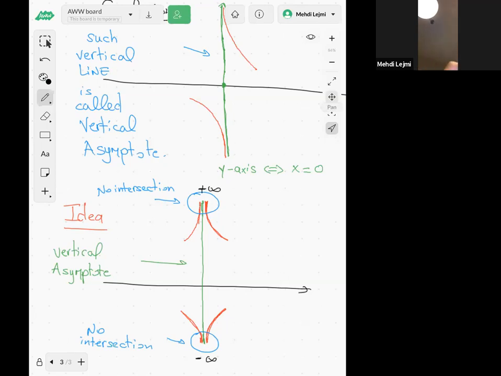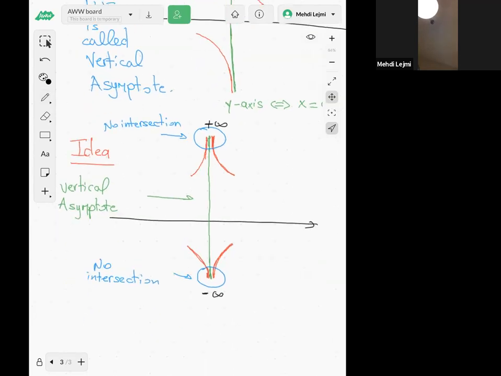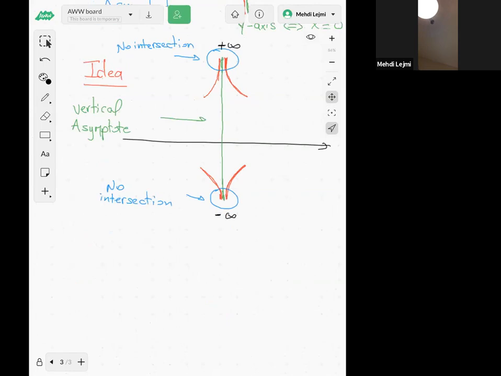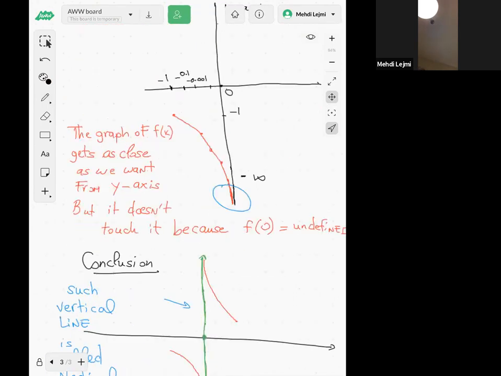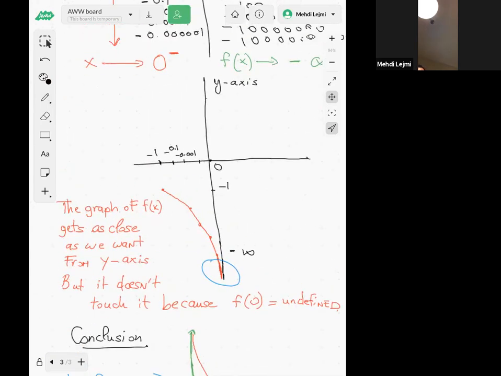So now the formal definition of a vertical asymptote. Here's the definition. In my example, 1 over x, my vertical asymptote was the y-axis.